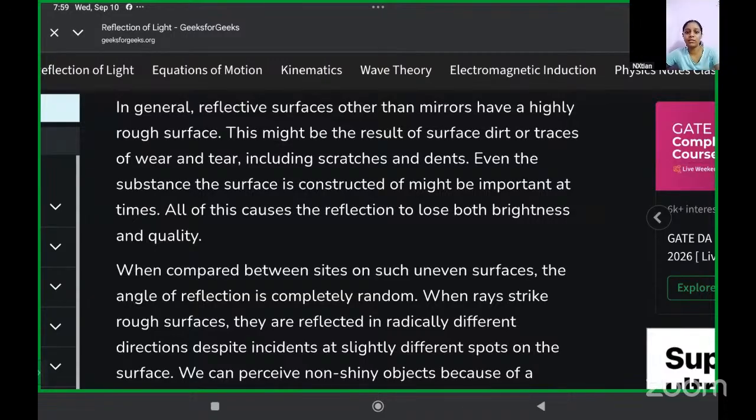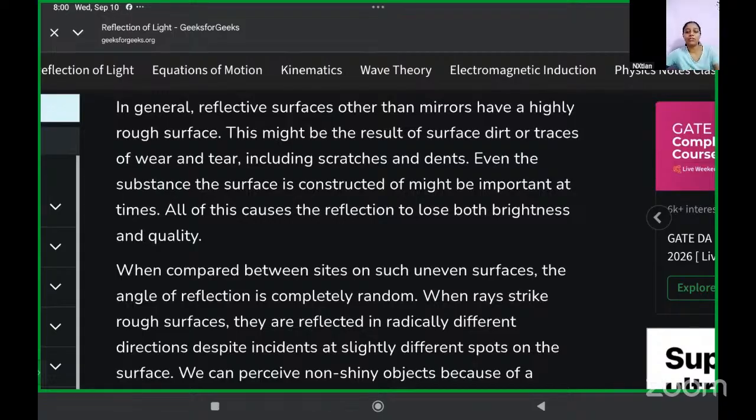Abraham, there is one common method to calculate it. Diffuse reflection will be there, but even if it is caused by any of these, diffuse reflection is the same thing. The light rays go in different directions and the reflected rays go in different directions, so that only will happen.